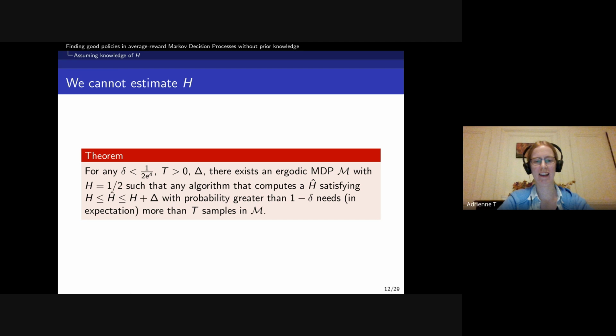Which means that even if you bound the possible H that you actually have, you cannot estimate it within finite time. You cannot bound the time necessary for it. And so all the algorithms that assume knowledge of H, I completely cannot apply them if I do not have that prior knowledge, because I can't estimate the thing that is a parameter of the algorithms.